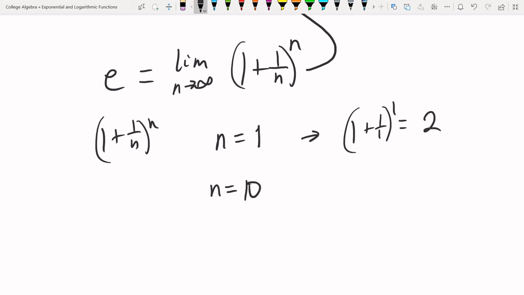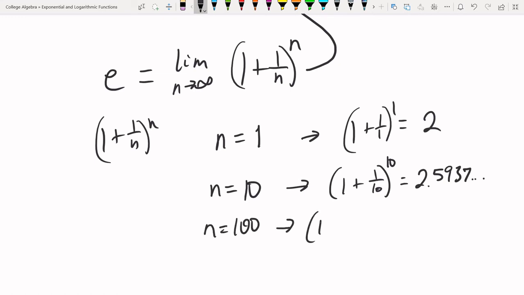When n equals 10, we get 1 plus 1 over 10, to the power of 10. This one I'll use a calculator for. 1 plus 1 over 10 is just 1.1. So 1.1 to the power of 10 is 2.5937.